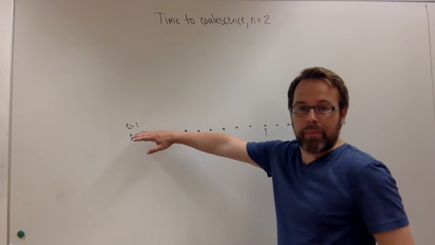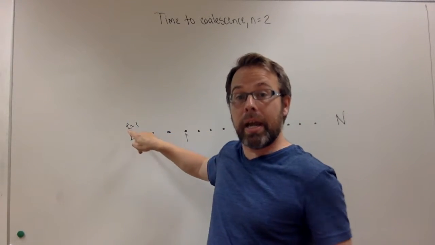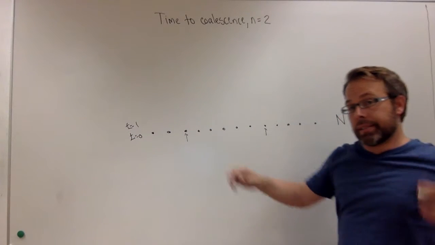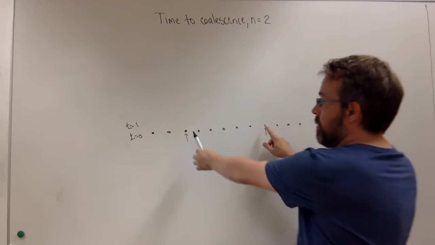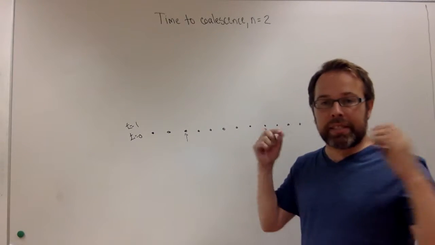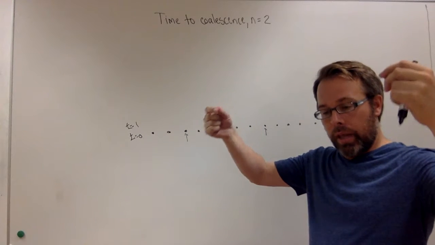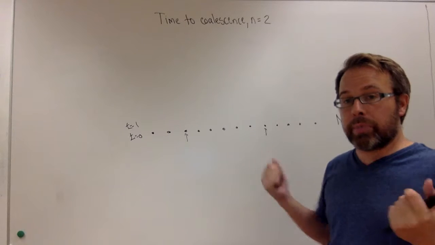So right now we're at time 0, the present, and then we're going to go, we call it time 1, but kind of mean time -1, one generation in the past, and so forth. So what's the chance that these two individuals coalesced, that these two individuals have the same ancestor, are descended from the same ancestral allele in the previous population?